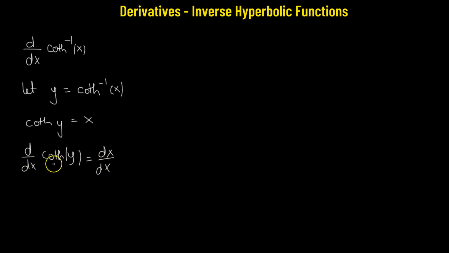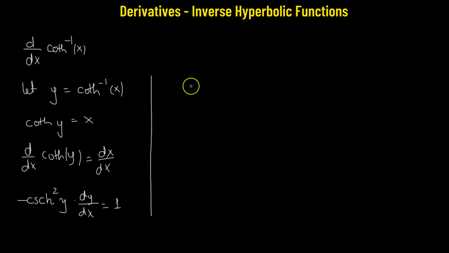So the derivative of the cot hyperbolic function will be negative cosec hyperbolic squared y times dy over dx, which is equal to 1. So that means dy over dx will be equal to negative 1 over cosec hyperbolic squared y.